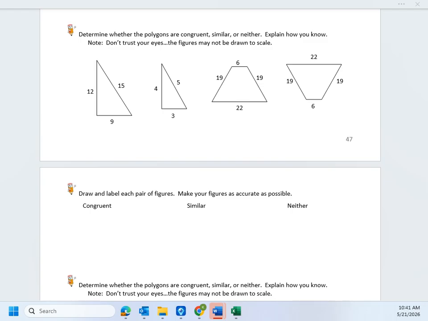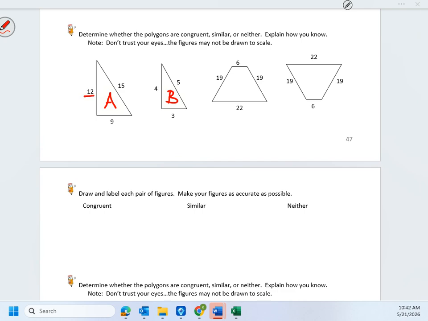So if we look at our first two triangles, what do I have to do to prove that it's either congruent, similar, or neither? Henry? You have to turn into a fraction. Yeah. We have to match up every single set of sides. So I'm going to call this triangle A, this triangle B. I'm going to match up A sides to B sides.